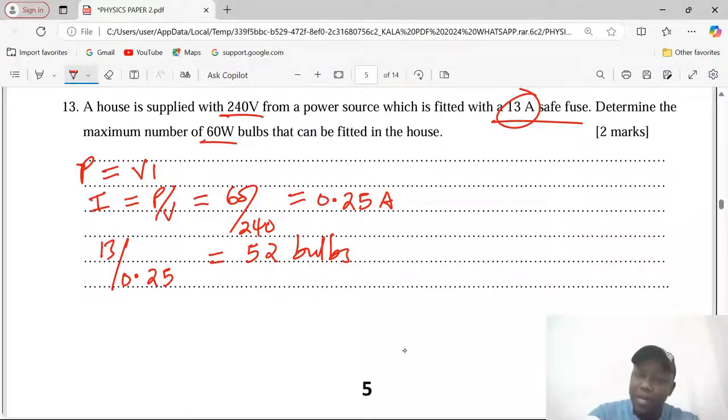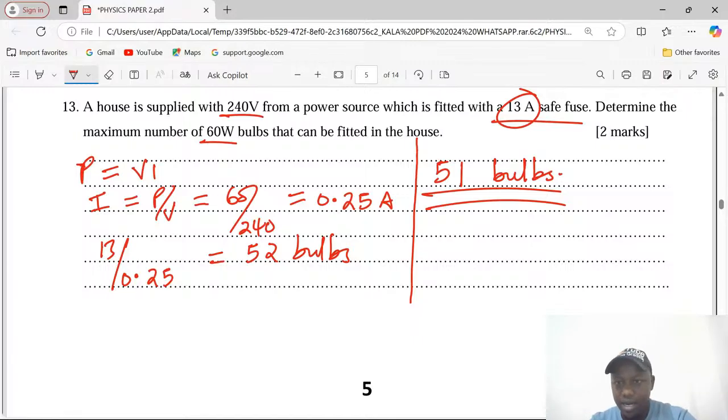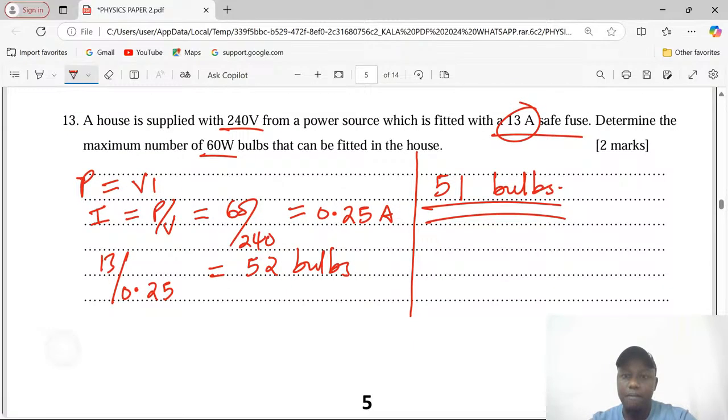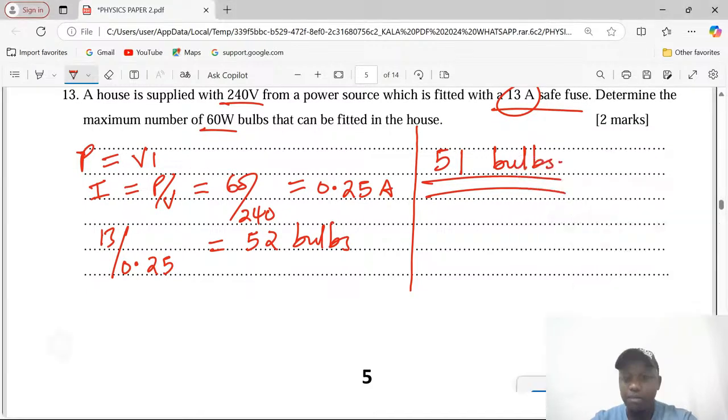So, to the best of my knowledge, this fuse is supposed to be loaded using 51 bulbs, because when we use 52 bulbs they will demand 13 amperes, which is equivalent to the fuse, and the current of the appliances should be slightly below. So we operate with 51 of them.